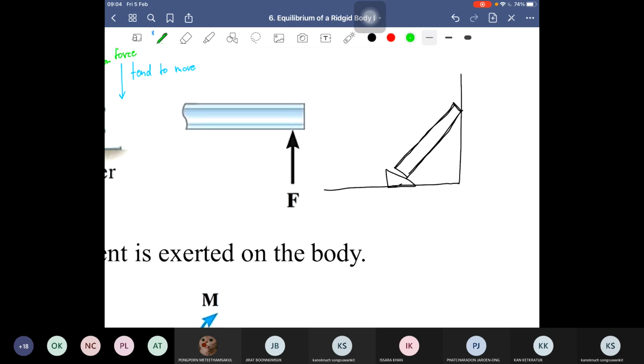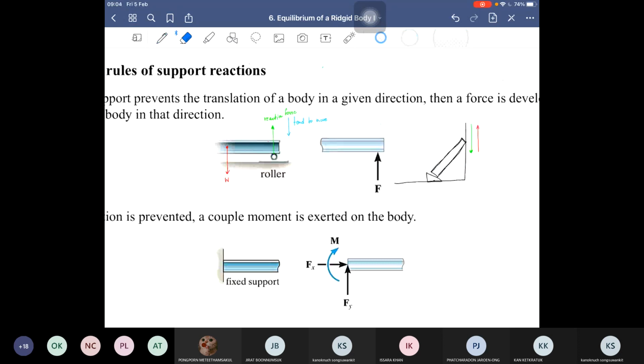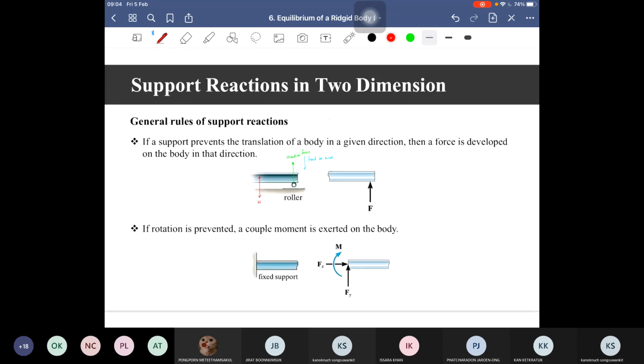So normally, this beam tends to slide to the floor, right? Slide along this wall. So the reaction force that should support this beam and keep it in equilibrium must act in the different direction. So first, let's see the tendency of movement in which direction, and the reaction force will act in the different direction. So this first rule is about the tendency of translation.